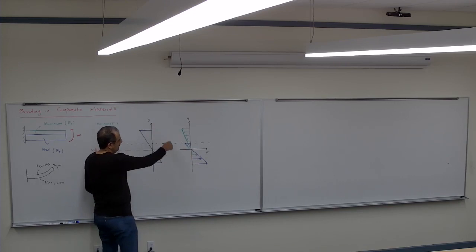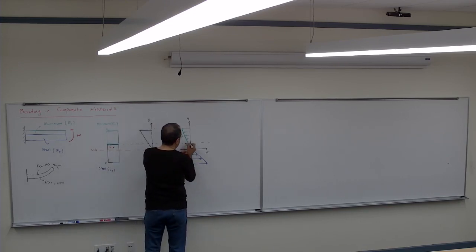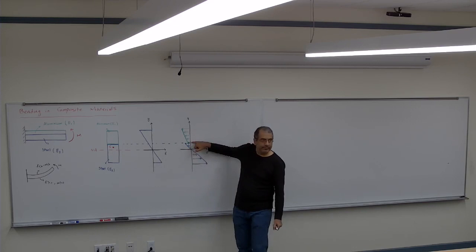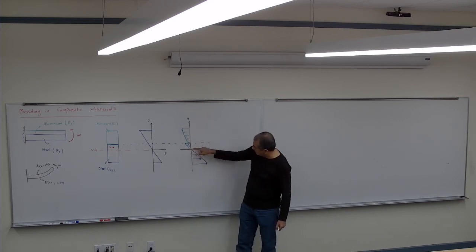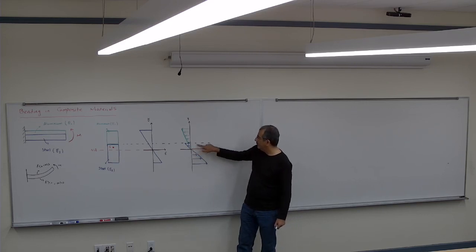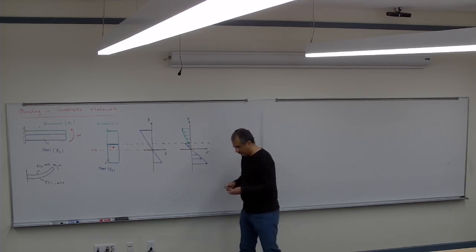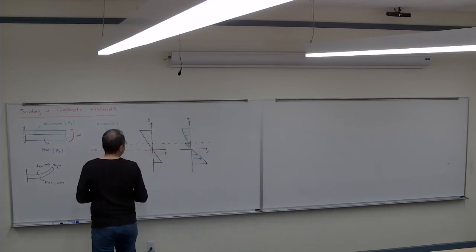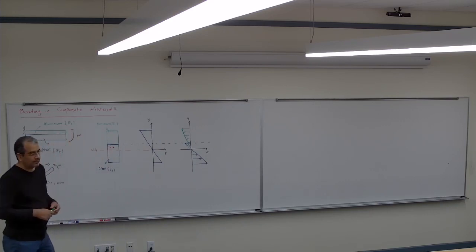It's not extended, it will start from that point. See, it starts from here. But if I extended it, it should become 0 when it gets to the neutral axis. So, now what I'm going to do with that?